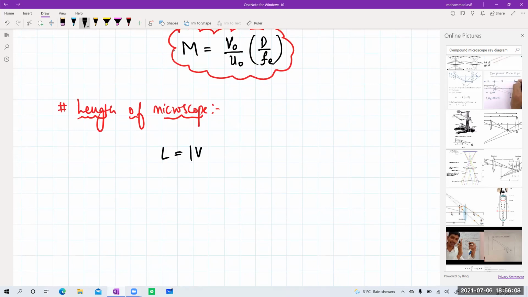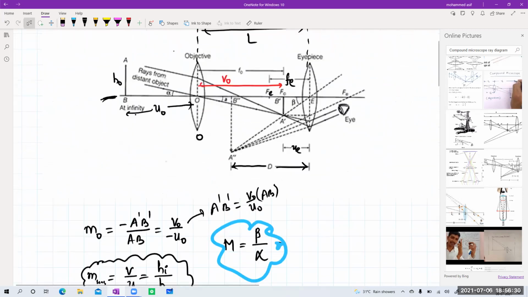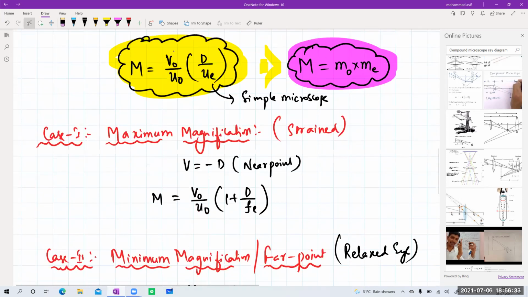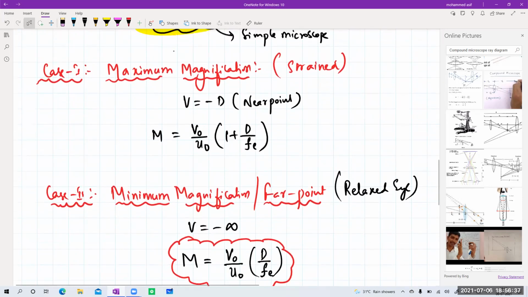Length will be equal to the magnitude of the objective distance plus the magnitude of the eyepiece distance. These are the standard formulas you need to remember for the numericals related to the compound microscope. Every time, after deriving the magnification, we always talk about the near point as well as the far point.